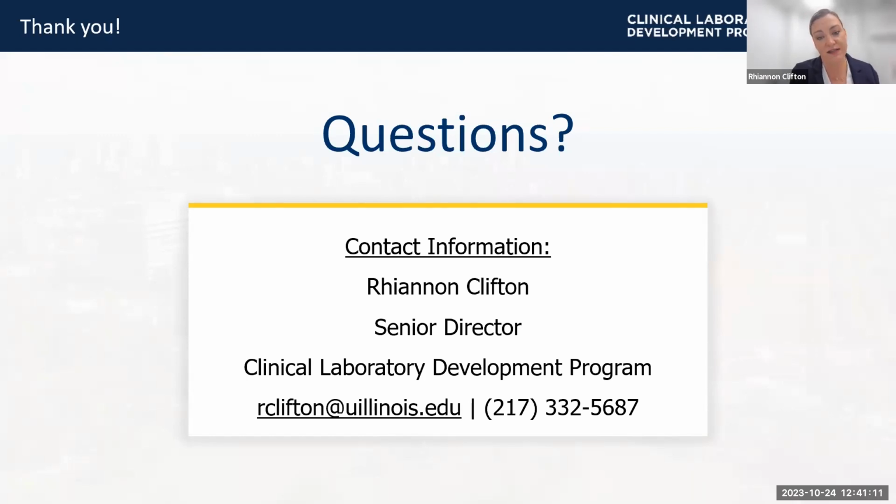But the program is designed to give them as much of that 52 weeks that is necessary to sit for MB ASCP certification, or whichever of the areas of certification that they're pursuing, and get them close to that. We can't ensure that everybody would be ready at that 52 weeks, as people learn at different rates. But the hope would be that within several months after the program, they would be able to sit for certification if they so desired. Which, we know that many labs still definitely want that and prefer that.